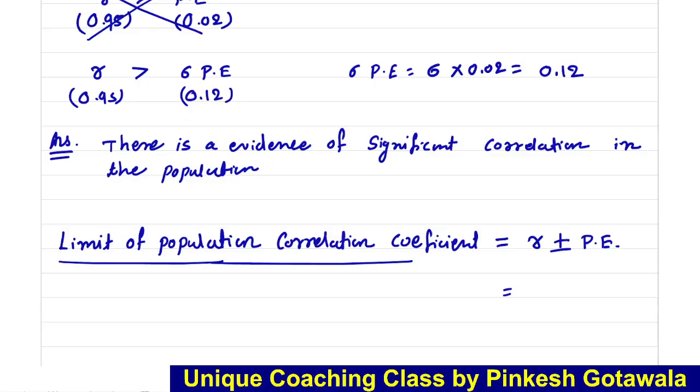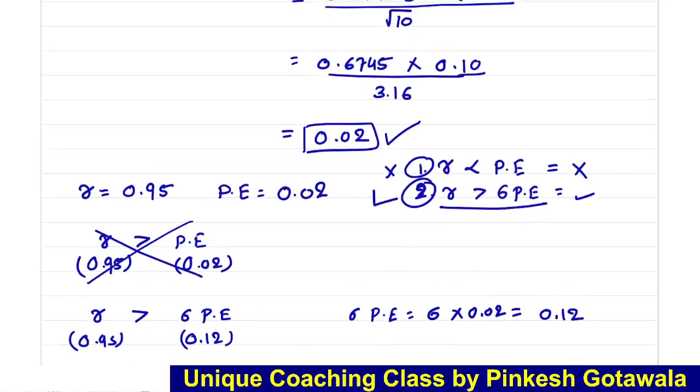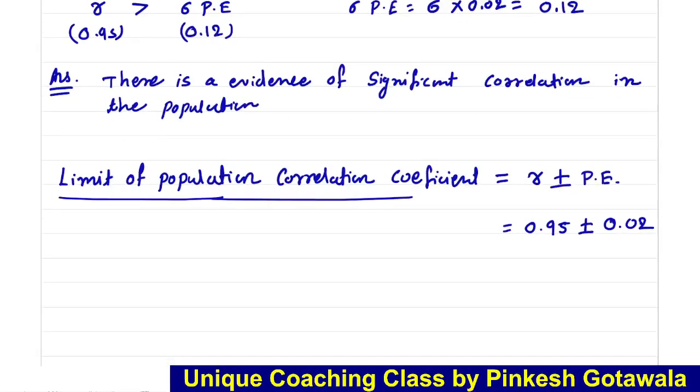Clear? So here our R is 0.95 and our P is 0.02. Plus and minus means we have to add and also subtract. 0.95, here we add and also subtract.